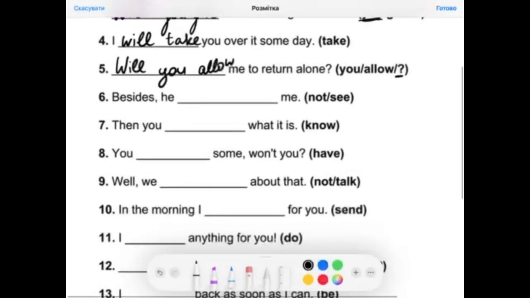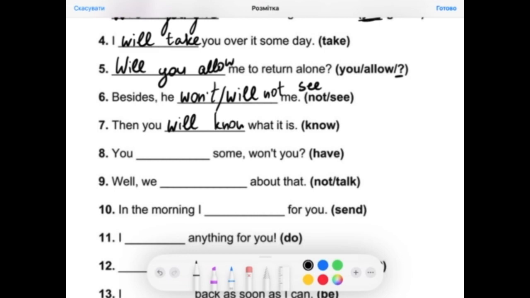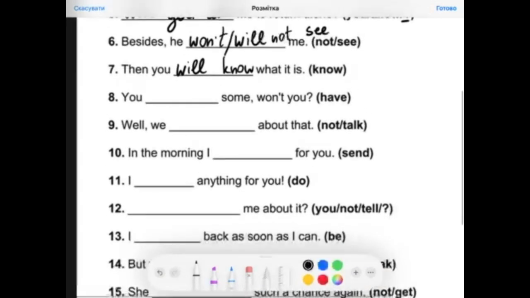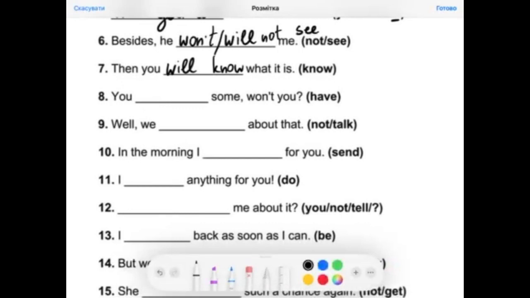Besides, he and the negative word, so he won't, or also the long form, he will not. Then, you will know what it is. Also, you will know. You will have. This is also an affirmative sentence.